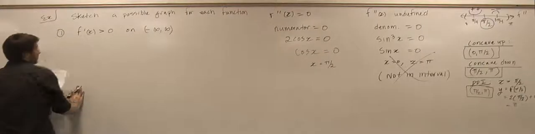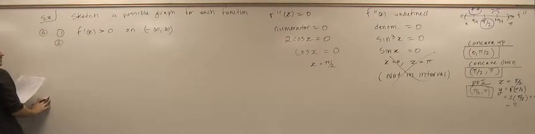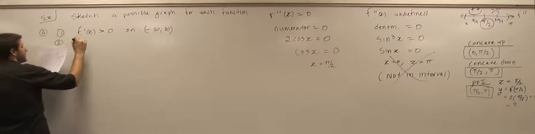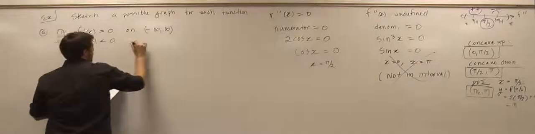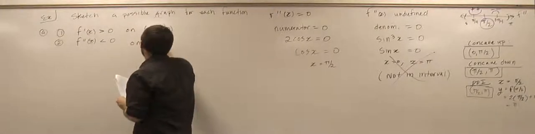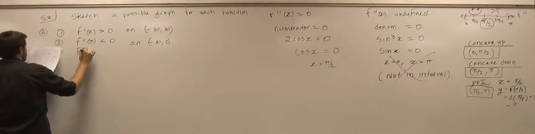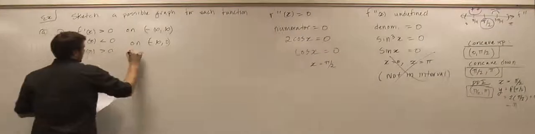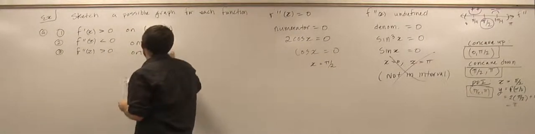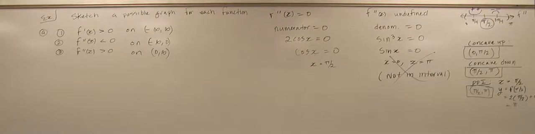This is one condition. We'll call this part A. f double prime of x is less than 0 on negative infinity to 0. And f double prime of x is greater than 0 on 0 to infinity. So we want to be able to sketch a graph of a function that has these three conditions.